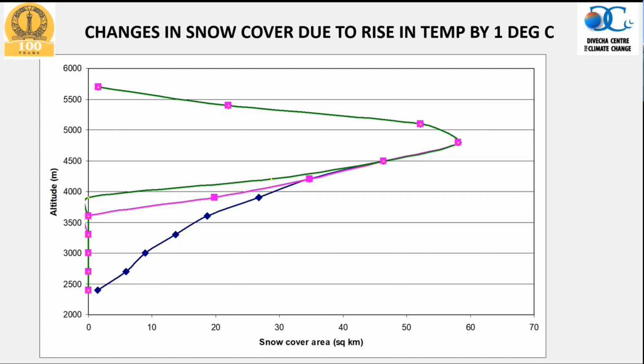So what essentially you can see here is a graph of altitude versus snow cover area.